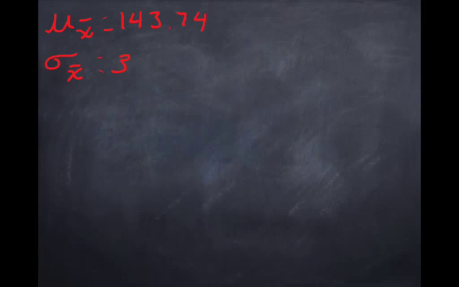And so to do that, think back to the 68, 95, 99.7%. If we talk about 68%, we were talking about one standard deviation from the mean. And so we're still looking at the normal curve.